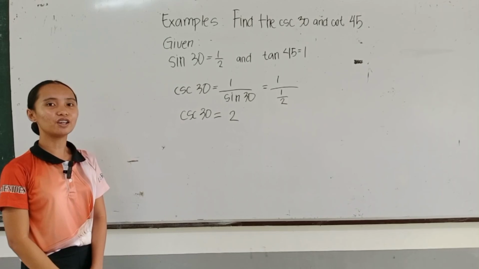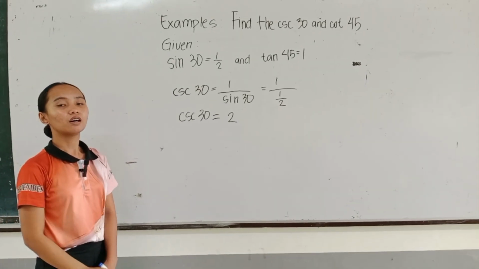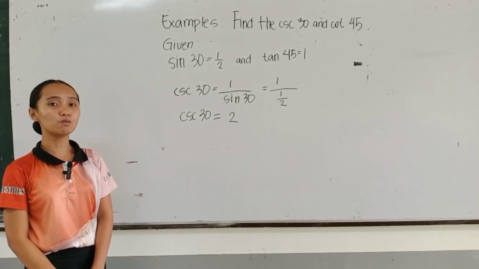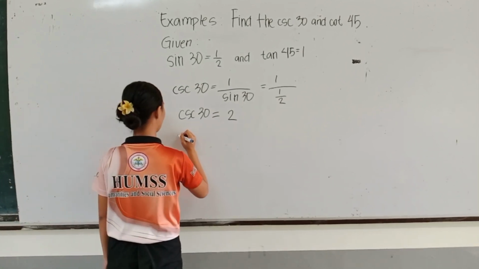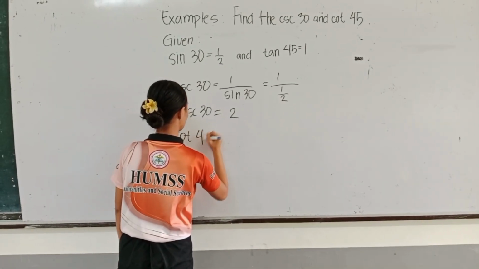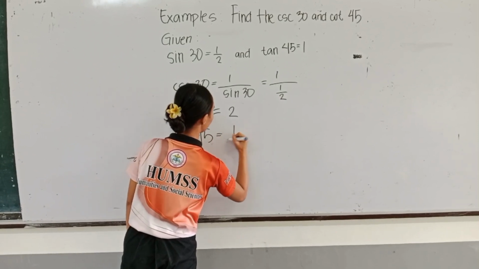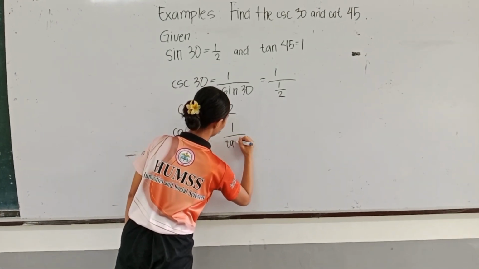Now, to find the value of cotangent, we must use its reciprocal identity, which is 1 over tangent. So, cotangent 45 is equal to 1 over tangent 45.